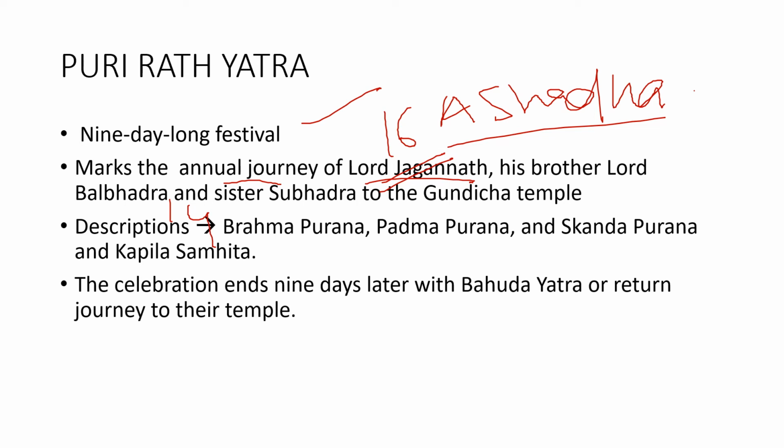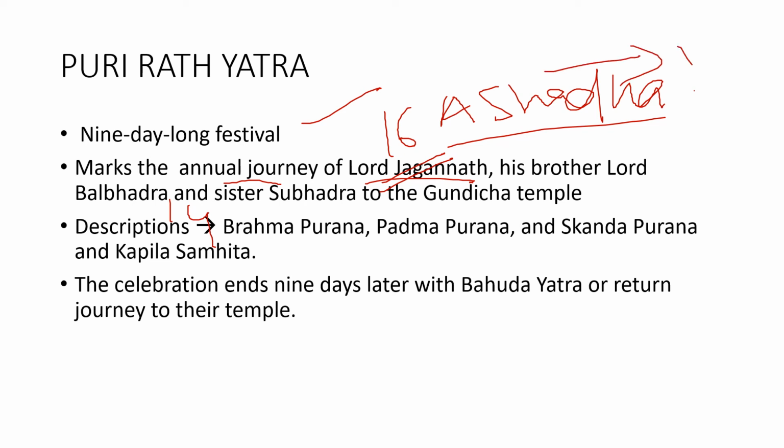You could imagine how much economy is involved in this festival, with a large influx of people from throughout India. Whenever this yatra happens, similar yatras happen in other places.